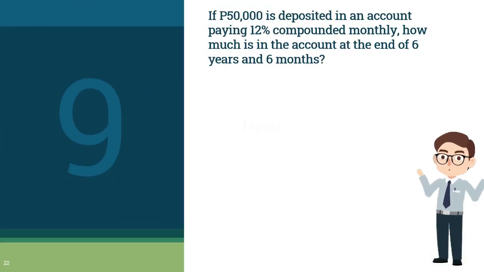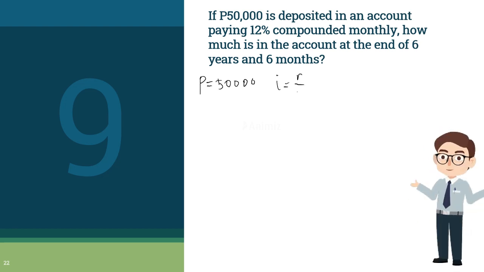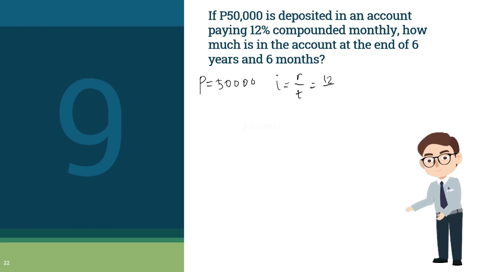Let's have an example. If 50,000 pesos is deposited in an account paying 12% compounded monthly, take note it is monthly, how much is in the account at the end of 6 years and 6 months? So we have the 50,000 as our principal. Our interest has a formula of rate divided by the time, that is our rate of 12% divided by 12 months in 1 year.